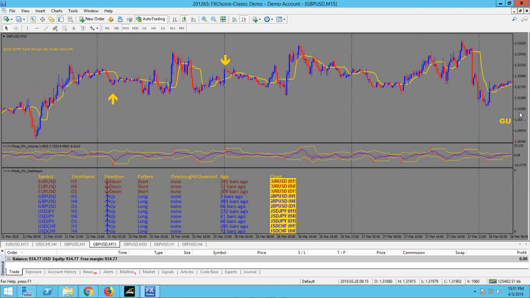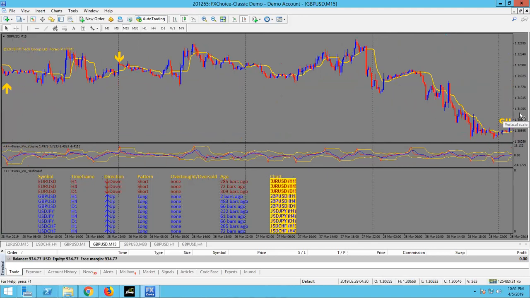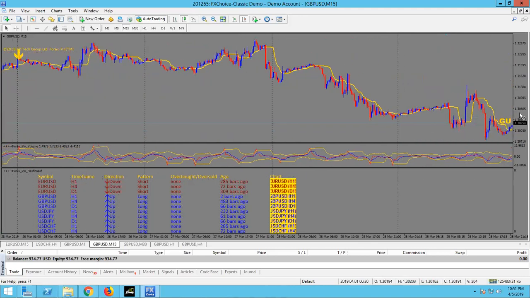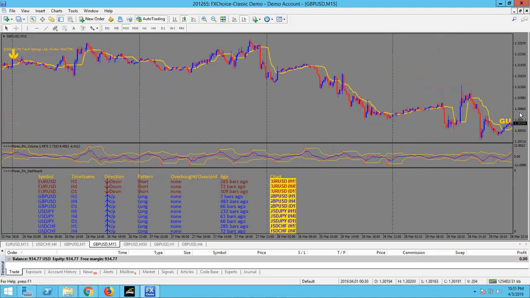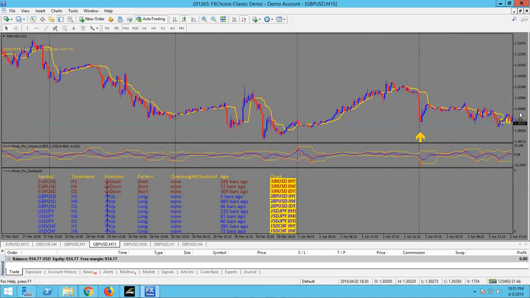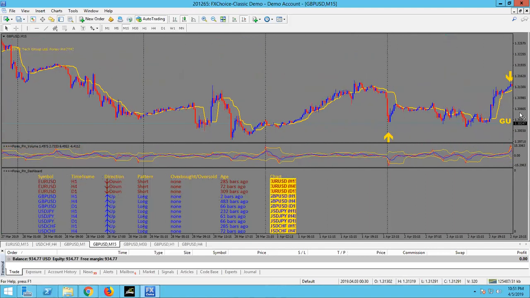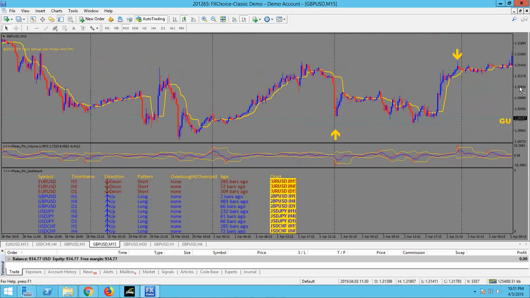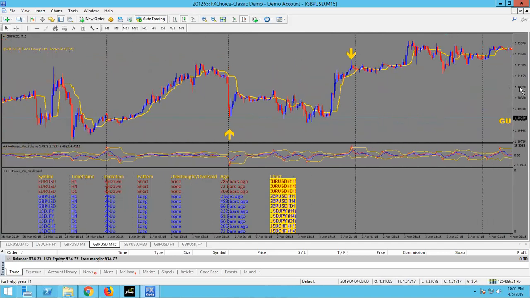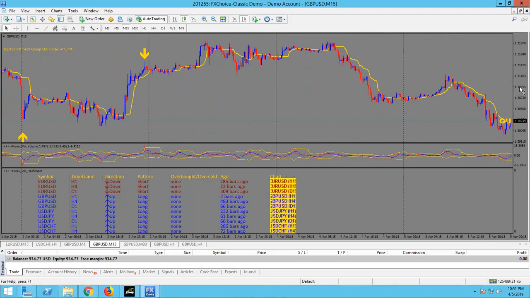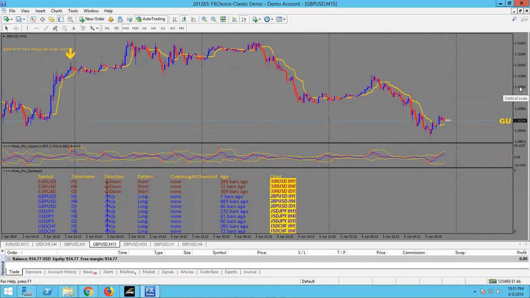And up and down. It's up to you when you want to get out. You can get 10 to 15 pips when the arrow appears. And this is where we are right now on Friday, April 5th, 2019. All right, on to the 30 minute.